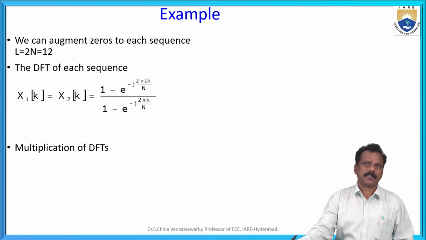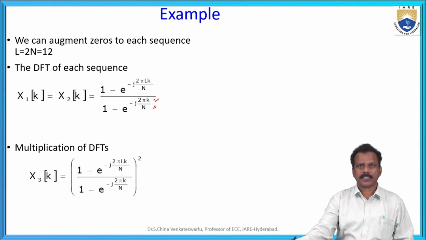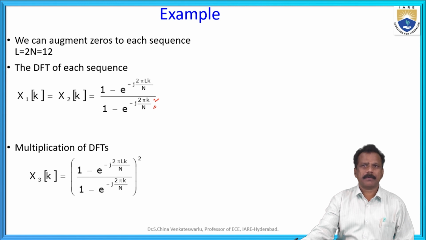X1 of k is equal to X2 of k is equal to 1 minus e power minus j 2 pi L k by N, divided by 1 minus e power minus j 2 pi k by N. Next, the multiplication: X3 of k is equal to 1 minus e power minus j 2 pi L k by N, divided by 1 minus e power minus j 2 pi k by N, whole square.